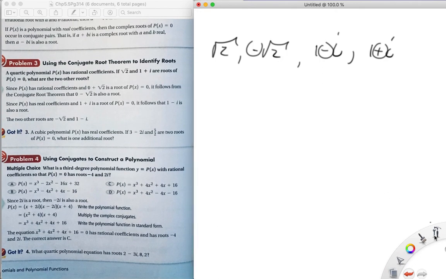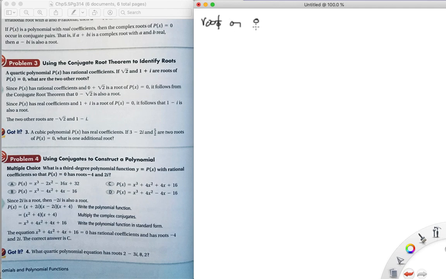Okay. So with that information in mind, they give us a scenario here, where they give me roots of 8, 2, and 2 minus 3i.